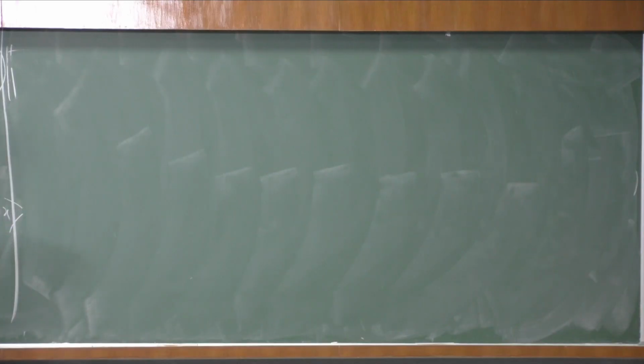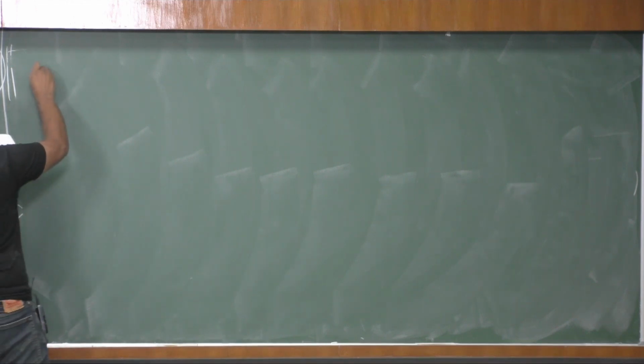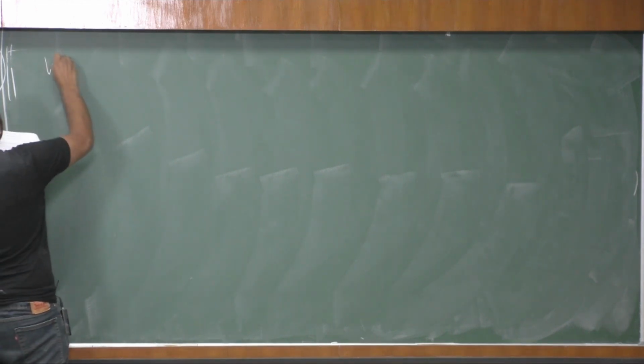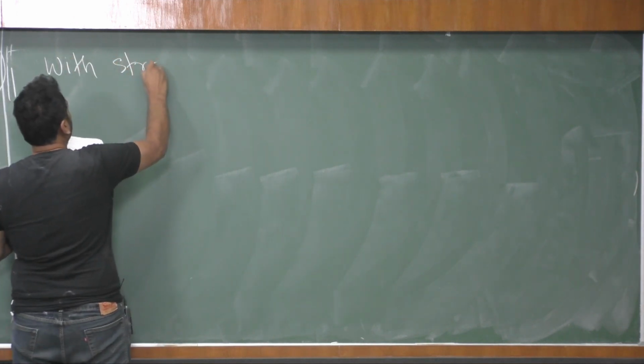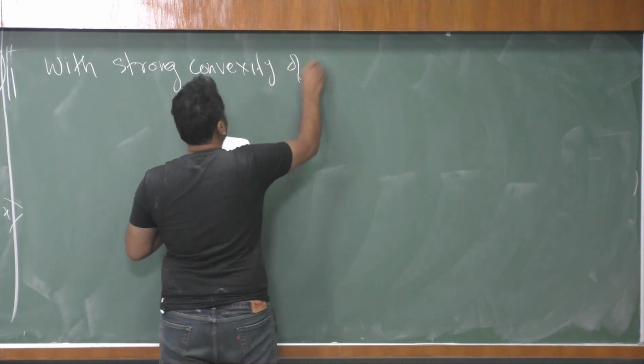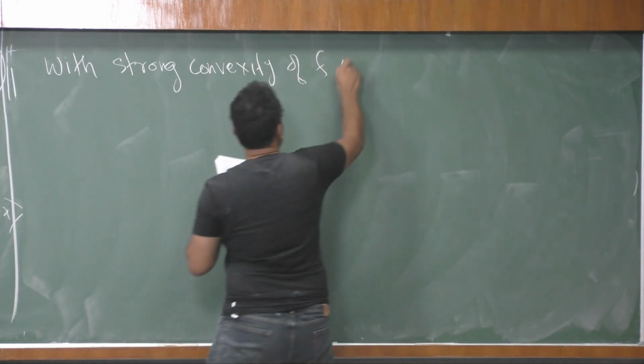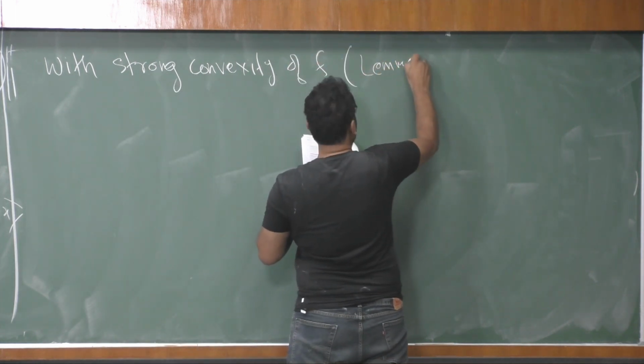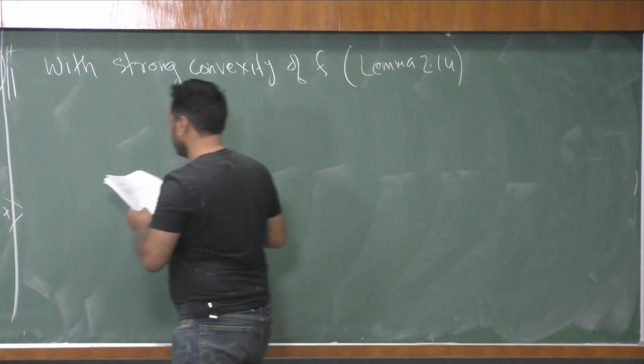The strong convexity of f will be used here for the last term. With strong convexity of f, which is basically lemma 2.14, we can bound this.